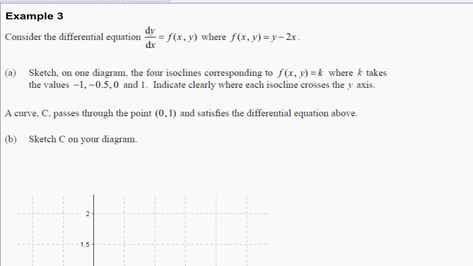This equation is similar to what we've done previously. Now, K here represents the slope, because you are going to equate it to dy over dx.